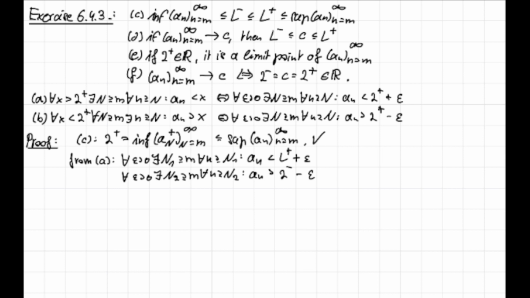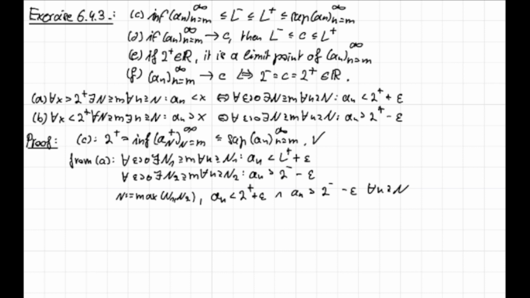At first we need to define n as the maximum of n1 and n2, and then it follows that a_n is smaller than L plus epsilon, and a_n is greater than L minus epsilon for all n greater than n, as n is just the maximum we defined right here.